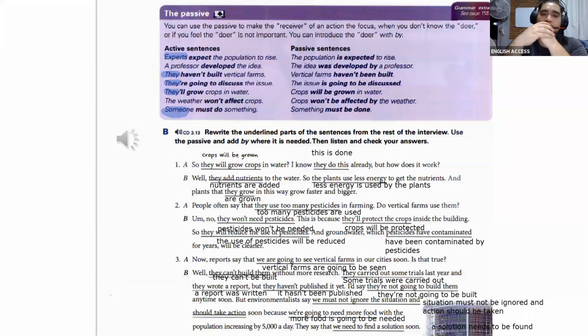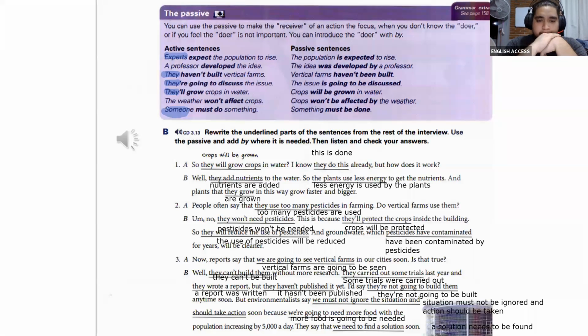1. So crops will be grown in water? I know this is done already, but how does it work? Well, nutrients are added to the water, so less energy is used by the plants to get the nutrients. And plants that are grown in this way grow faster and bigger. 2.